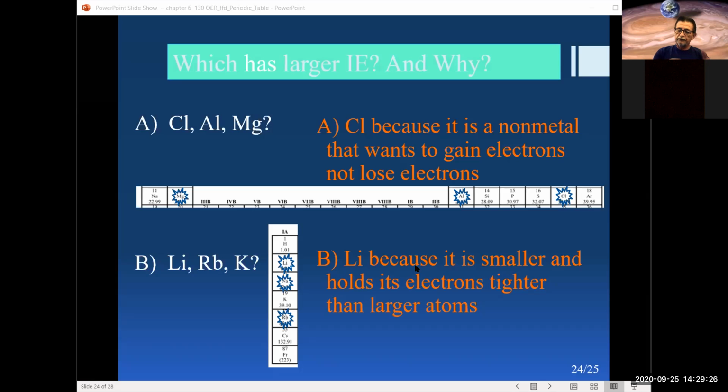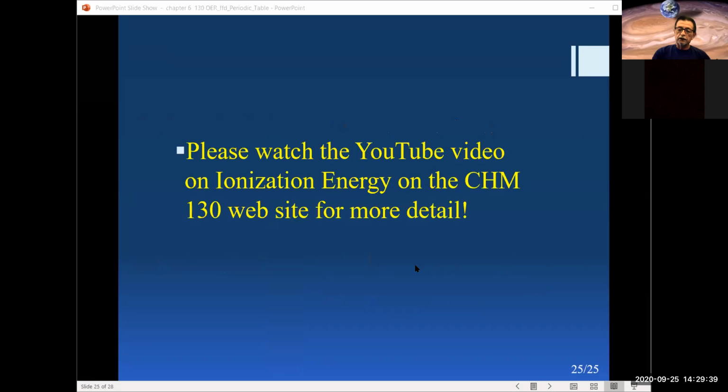And therefore, lithium, being the smaller of the elements, just holds on to its electrons much stronger than the bigger elements. All right. Again, we have a video on ionization energy, so you may want to take a look at it.